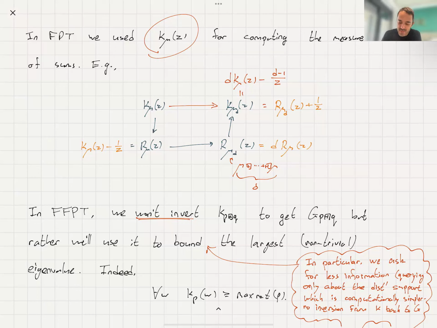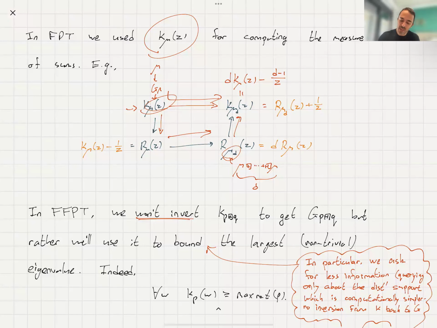So we started with the measure, did the Cauchy transform, inverted it to get the K transform, and then from the K transform we move to the R transform. That's very simple, you just subtract 1 over z. Here everything is simple on the level of the R transform. So if you want to compute the additive convolution of mu with itself d times, which we call mu d, you just multiply the R transform by d, and then you can go back to the K transform of mu d by just adding 1 over z. You can, of course, also short circuit it by just multiplying this by d and subtracting d minus 1 times 1 over z, same thing.